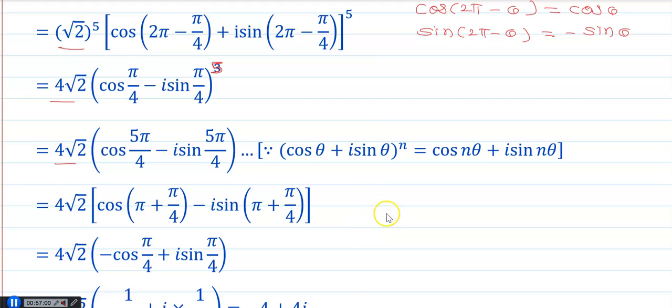Again, by using the formula, what is that formula? Cos of pi plus theta equals minus cos theta. And what about the sine of pi plus theta? It equals minus sine theta.